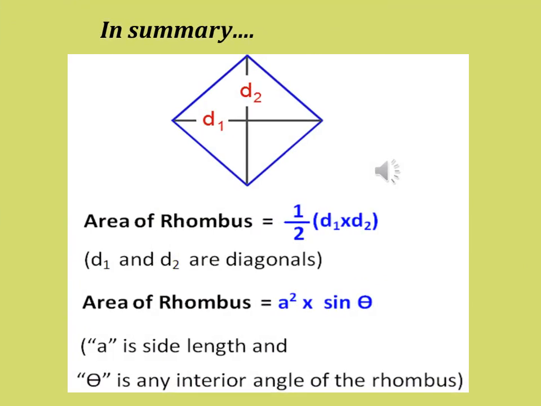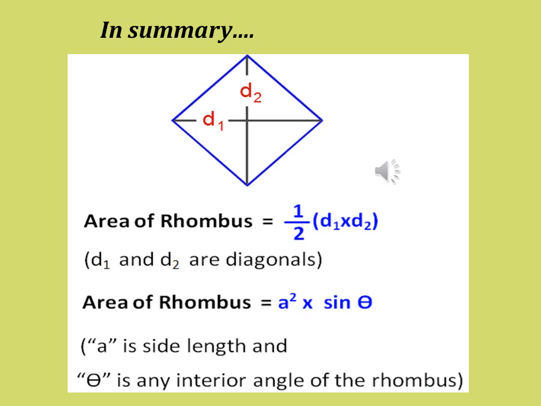So in summary, we can say for a rhombus, area can be given by a half the product of the diagonals, a half d1 times d2, a half times diagonal 1 times diagonal 2. Then the area of the rhombus can also be given by A squared times sine theta, where A is the length of the side of the rhombus. Remember, the rhombus has got equal sides.